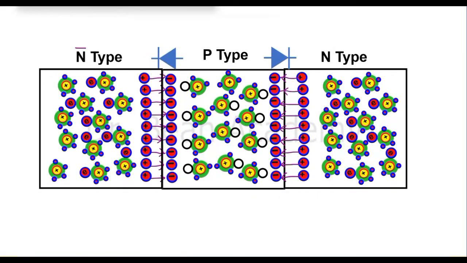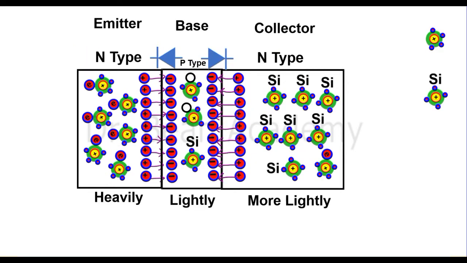I will show you a more realistic structure of a transistor. So here I have a basic and of course exaggerated structure of a transistor. You know that a transistor is actually a combination of two diodes. One is directed to the left in this case and the other directed to the right side.